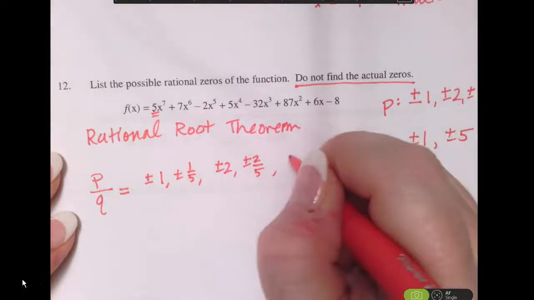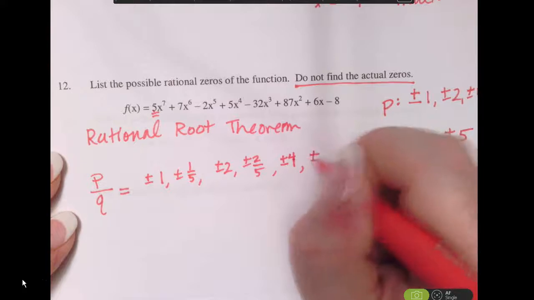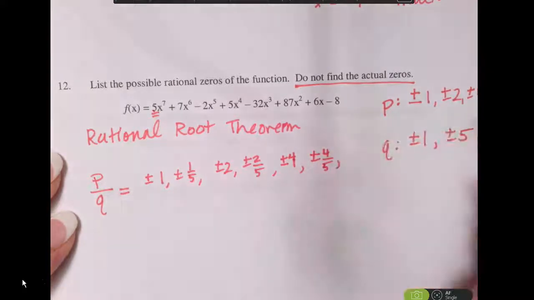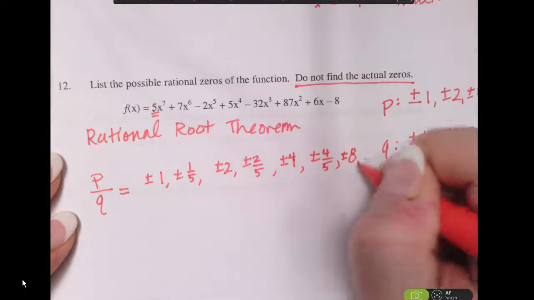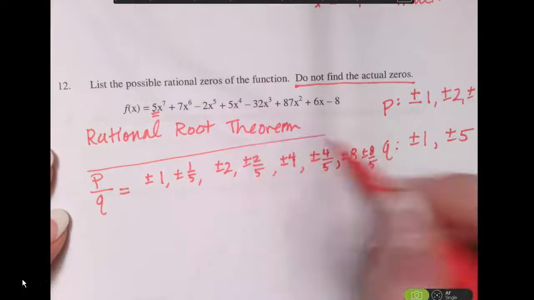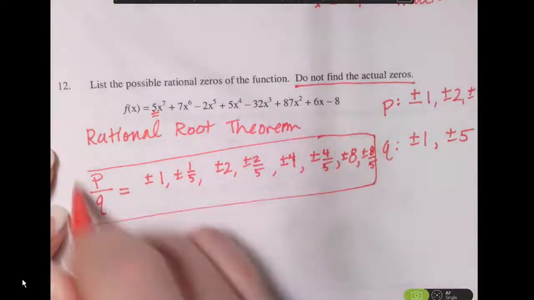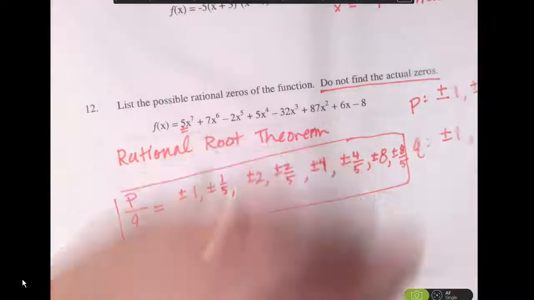And 4 over 1 and 4 over 5. And 8 over 1 and 8 over 5. So there's the list of all the possible roots for that function. And thank goodness we don't have to find them since we're not using our calculators.